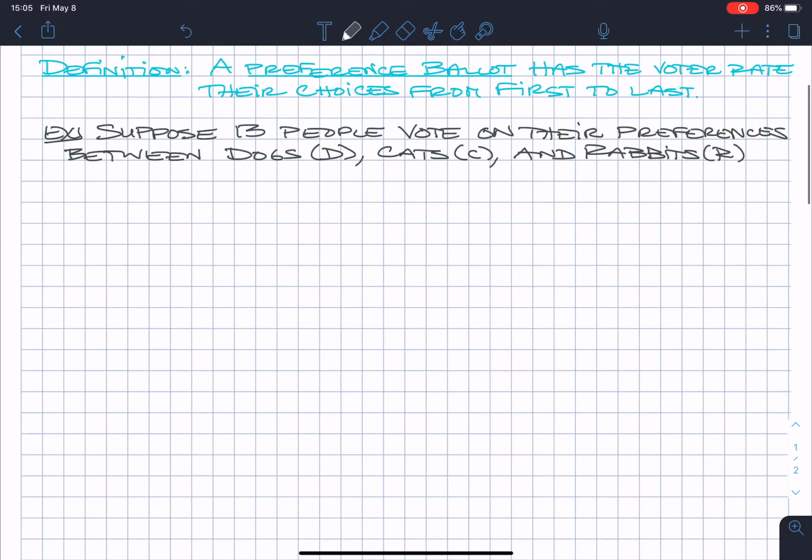Okay, so let's recall, how many ways can I arrange 3 items?